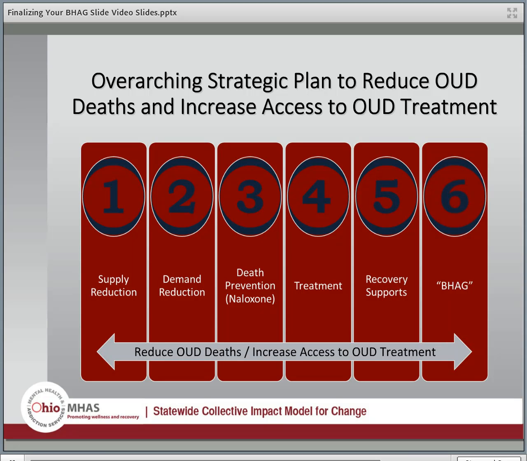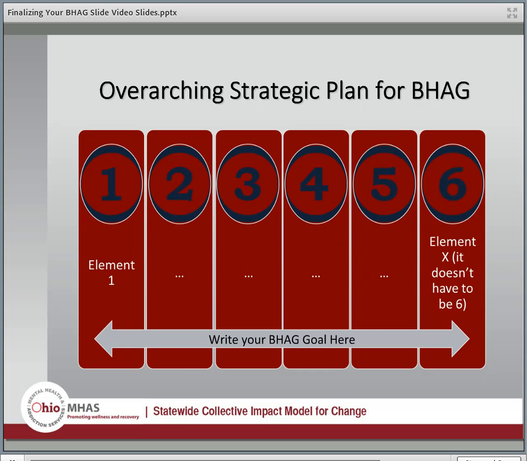These components include 3 prevention plan areas: supply reduction, demand reduction, and death prevention, as well as plan areas in treatment, recovery supports, and the BHAG. The BHAG is that big, hairy, audacious goal, or the community-level community trauma factor that you have named as a root cause of the opioid epidemic in your community.